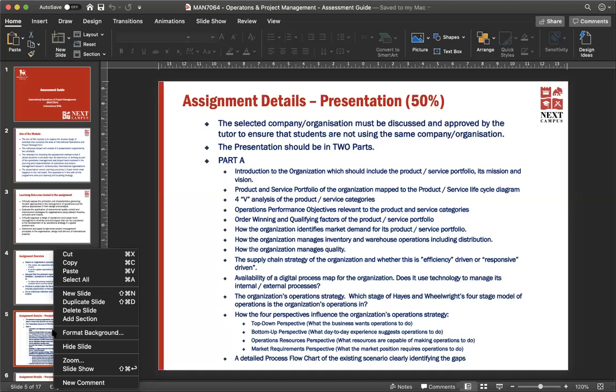Now, when you talk about responsiveness, you don't do anything until you have a confirmed customer order. Only once you have a confirmed customer order do you initiate the manufacturing process. So that's responsive. Now, in most service organizations, your service supply chain strategy is more or less responsive rather than efficient.